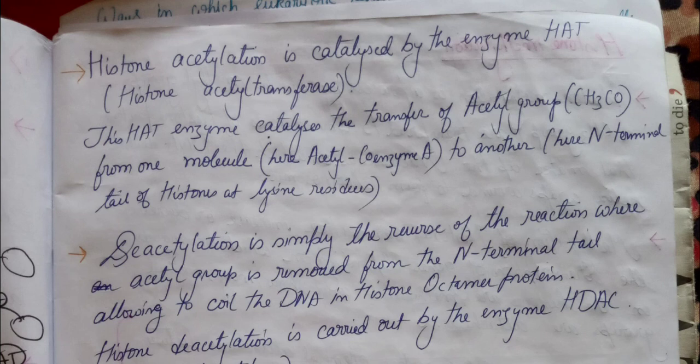Again I repeat, histone acetylation is catalyzed by the enzyme histone acetyl transferase, which catalyzes transfer of the acetyl group, CH3CO, from acetyl coenzyme A to the N-terminal tail of histones at lysine residues, right?